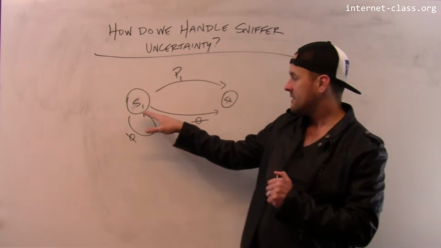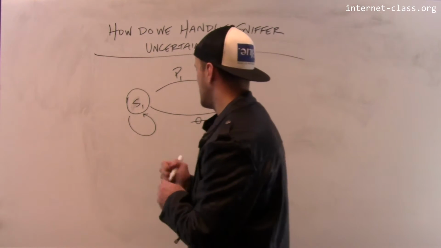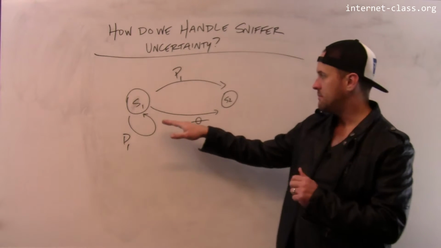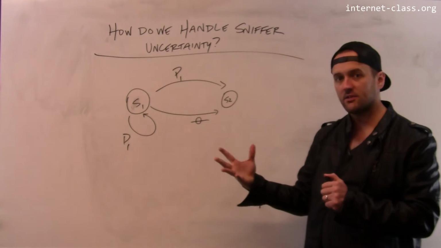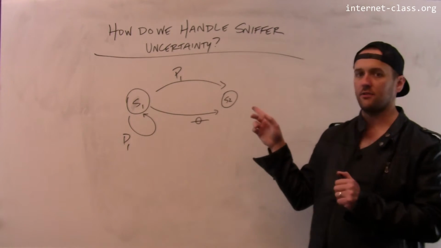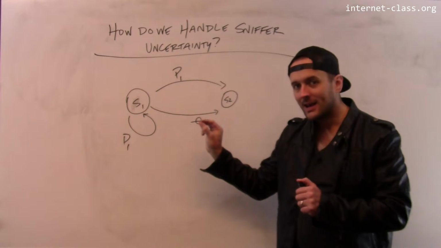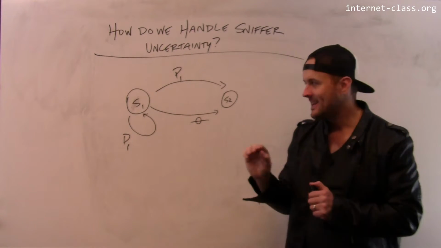So it's possible that the sniffer missed P1, but the device under test received it, and so it got from S1 to S2. It's also possible that the sniffer saw P1, but the device under test didn't, and so it stayed in S1.